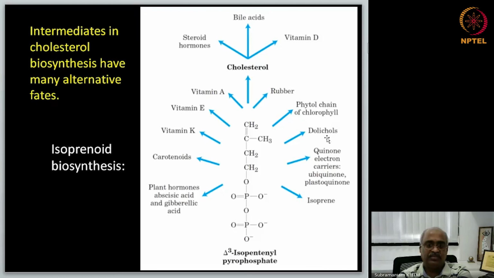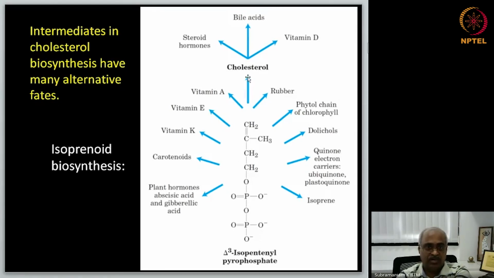And the phytol chain in chlorophyll, we saw. So there, in that biosynthesis, all long chains where you have isoprene, the 2-methyl butadiene portion, that is this portion, is repetitively involved in the biosynthesis of those.